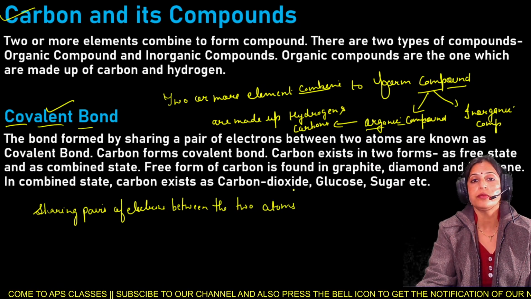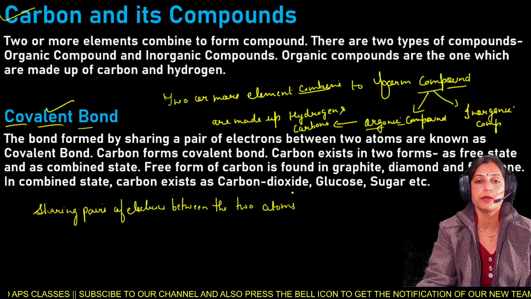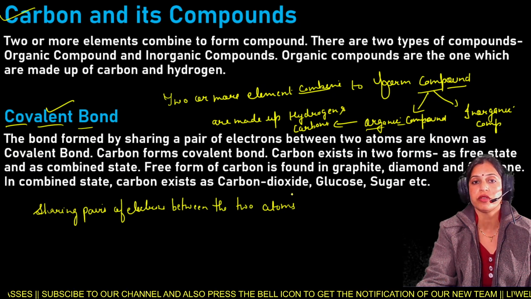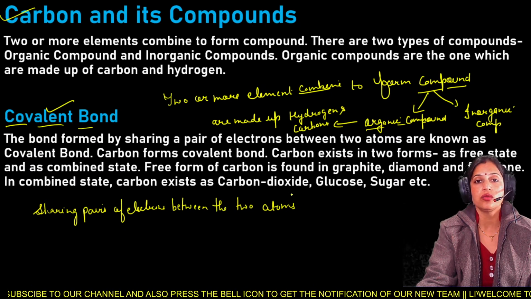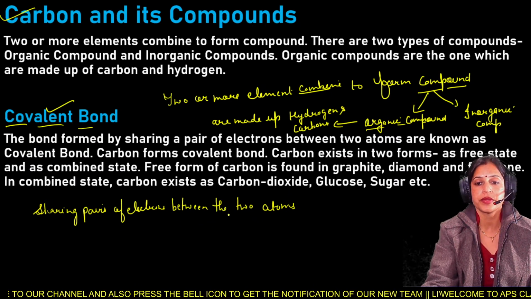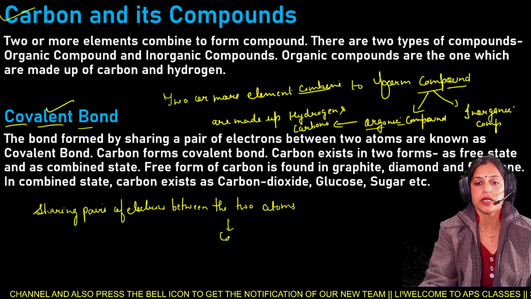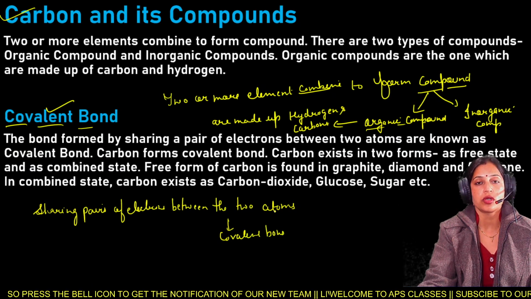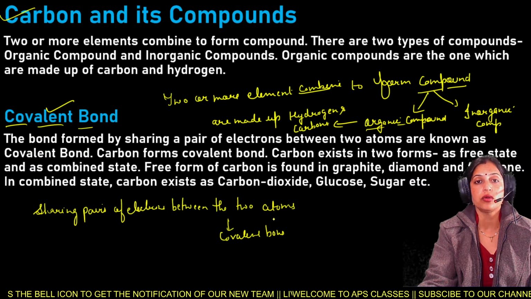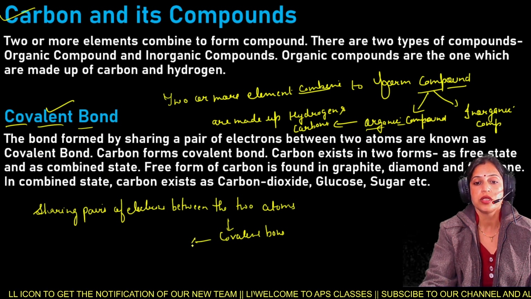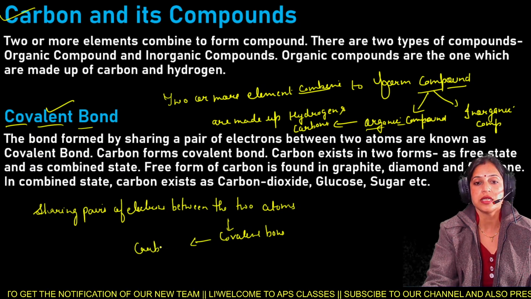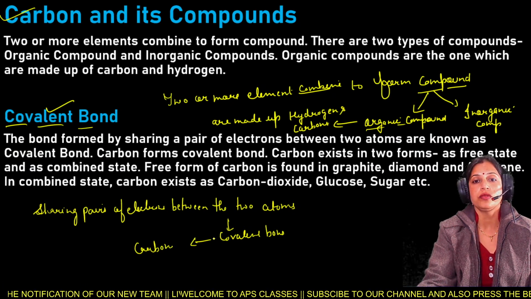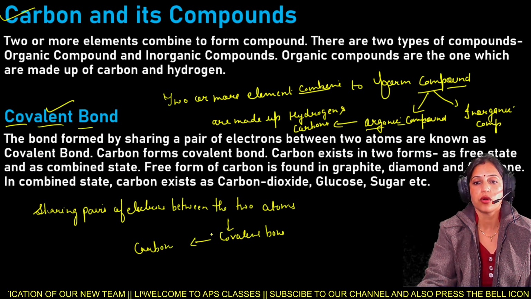So covalent bonds are the bonds formed by the sharing of electrons between two atoms. Carbon forms covalent bonds. Carbon is the only element which forms covalent bonds.